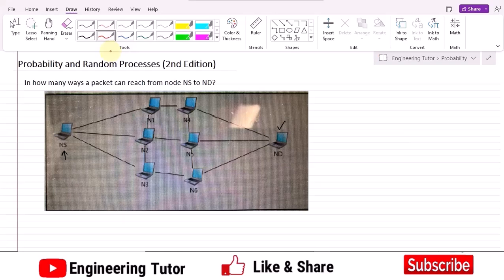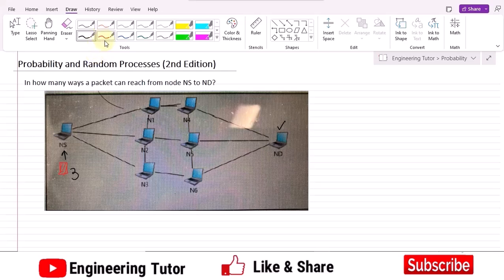So suppose a packet is here. Okay, so we have a packet here, and in order to select the path from these three, it will basically have three choices. Out of these three choices it will have to pick any one of them. After it reaches here, how many choices will it have? When it reaches here, it will have one choice to reach this N4.